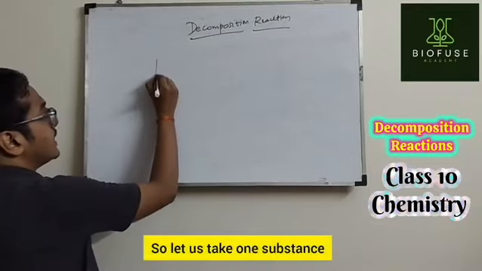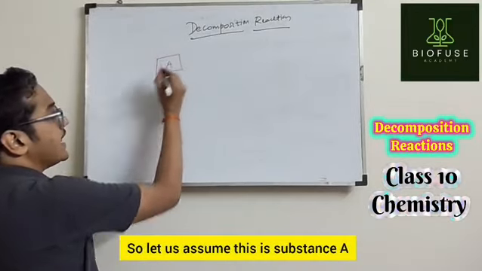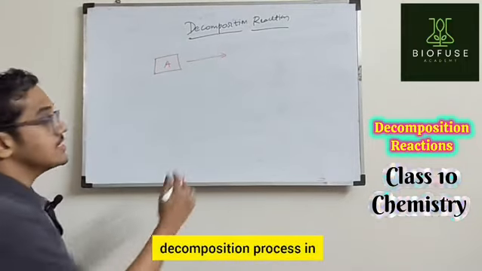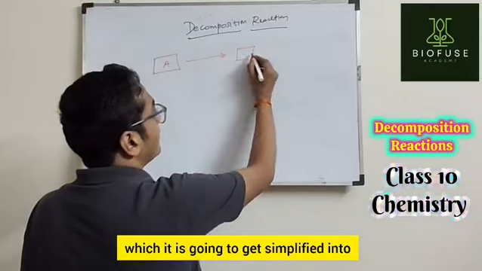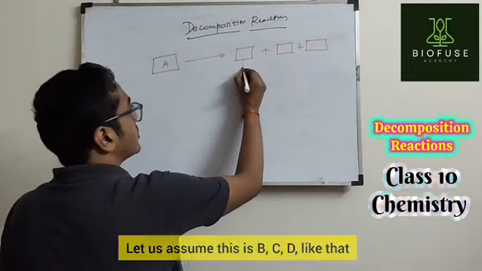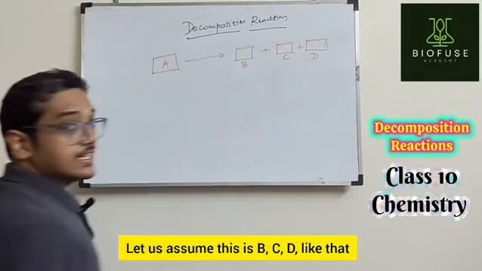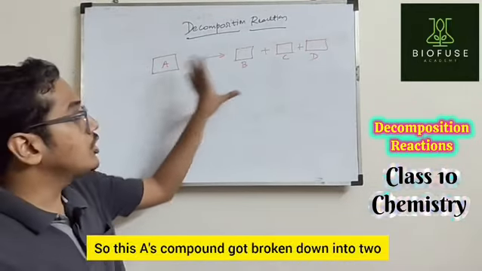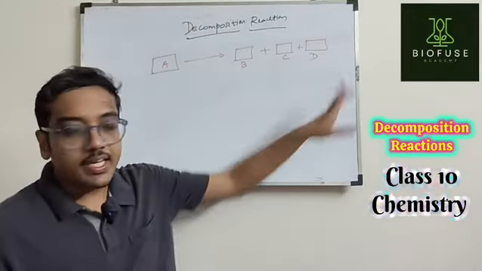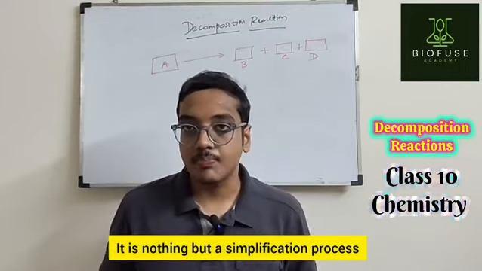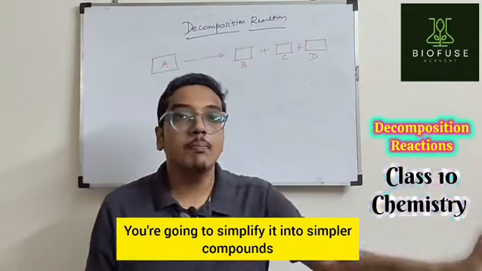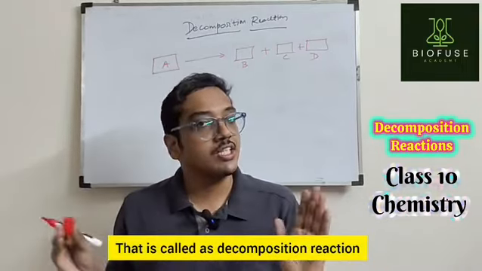Let us assume this is substance A. This substance A undergoes the decomposition process in which it gets simplified into smaller substances, let us assume B, C, D. So compound A got broken down into two or more substances like B, C, and D. It is nothing but a simplification process. Suppose you have a very complex matter, you simplify it into simpler compounds. That is called a decomposition reaction.